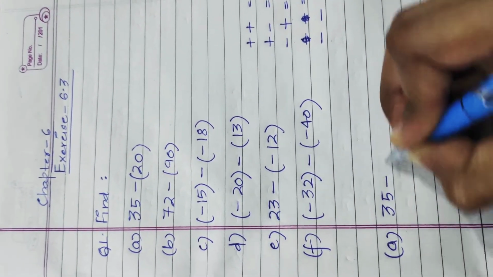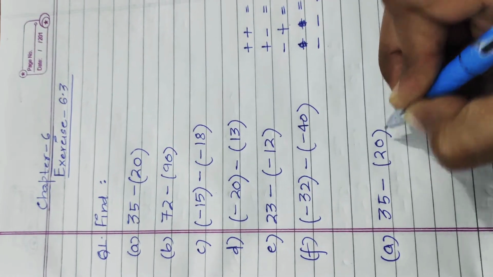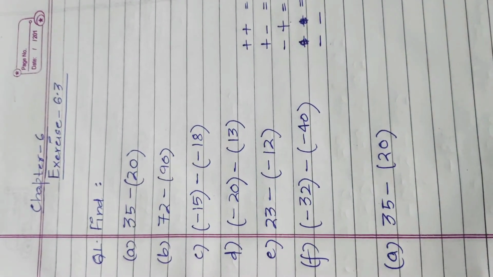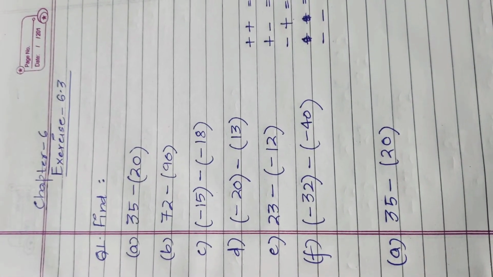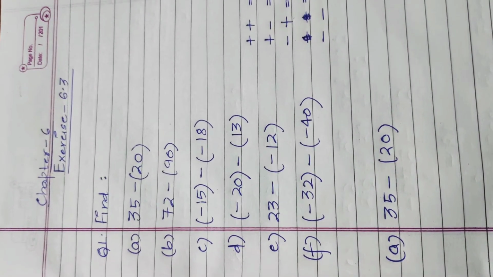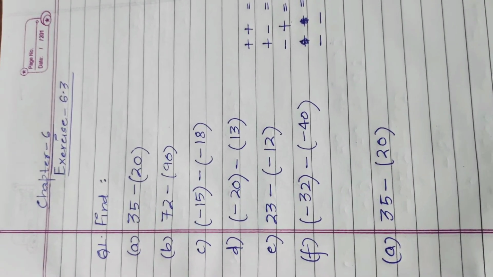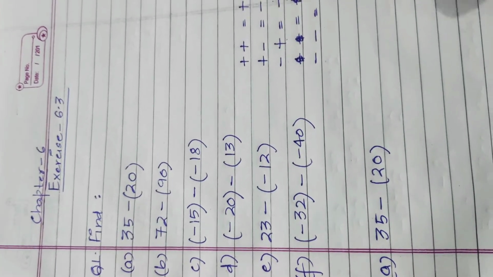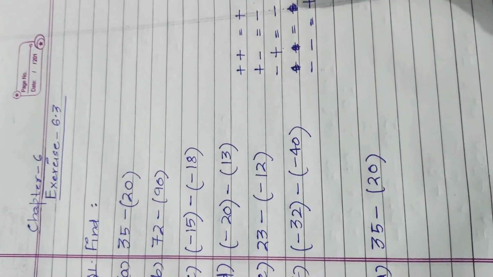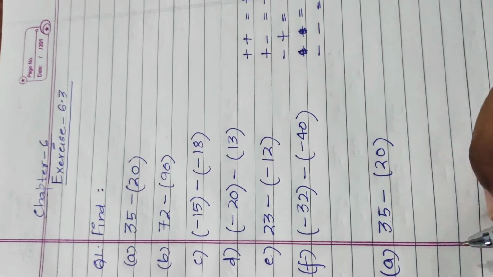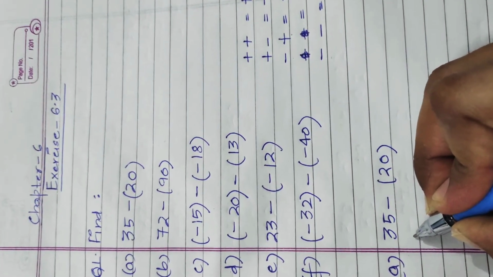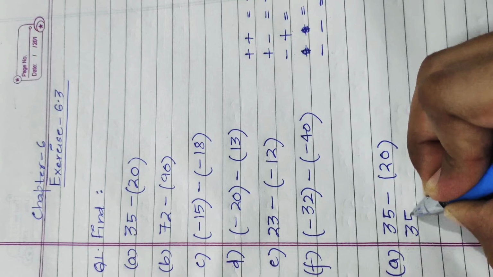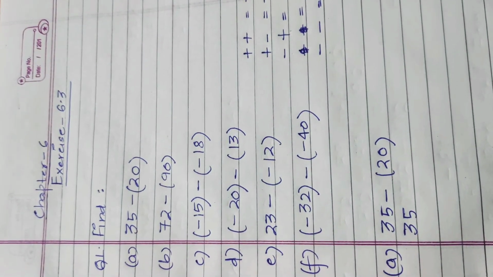35 minus 20. As I have told you, whenever the integers are written in bracket, the first step is we are going to open the bracket of these integers. Just remember that for opening the bracket, we are going to use these common rules. So let us start. First integer is 35. It is not written in bracket, so we are just going to copy it as it is without any change.